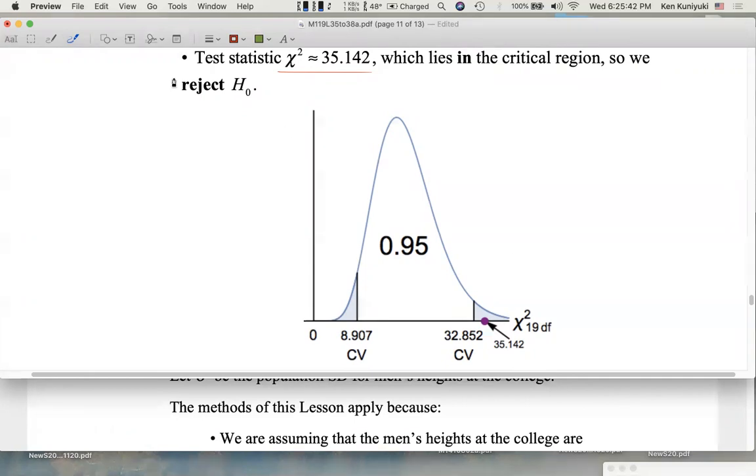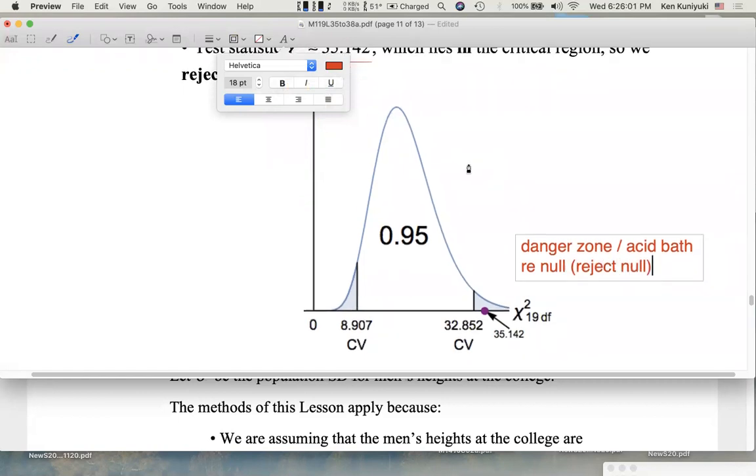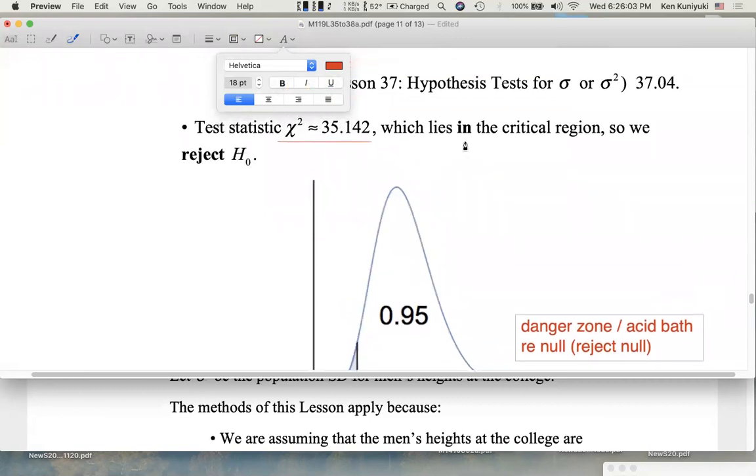That's the danger zone, or acid bath, as far as the null is concerned. What do you do with the null? We reject the null, since it lies in the critical region.